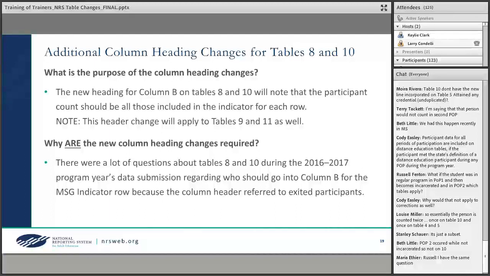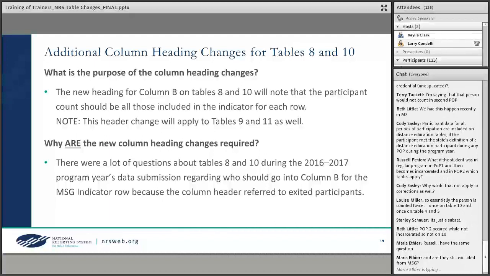Russell Fenton is asking another question here in reverse. What if the student was in a regular program in POP 1 and then became incarcerated in POP 2? Which tables apply? The answer to all of these questions is always this: tables 1, 2, 3, 4, 5, 6, all of those tables apply to all participants, regardless of whether they're incarcerated or not.